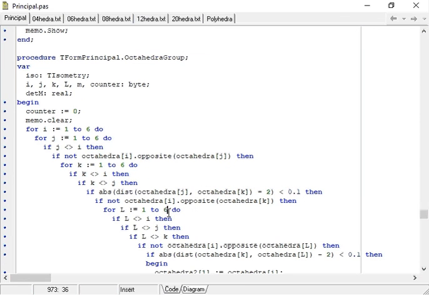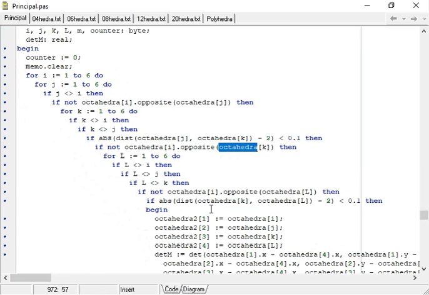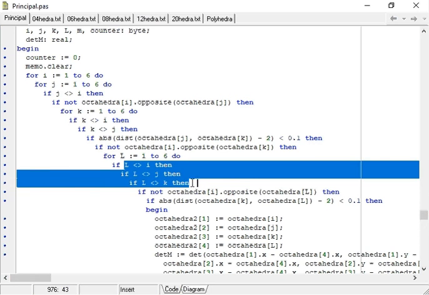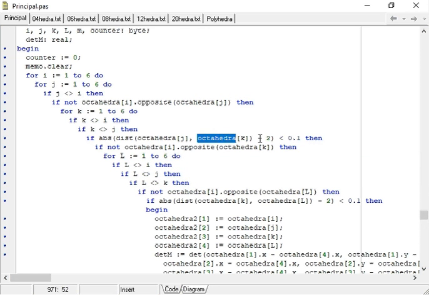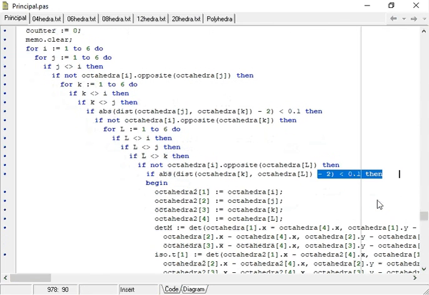I, J, K, L. The octahedra, the opposite of I shall not be J. The opposite of I shall not be K. The opposite of I shall not be L. I shall not be J. K shall not be I. K shall not be J. L shall not be I, J, K. And the distance from J to K is not 2. The distance from K to L is not 2.